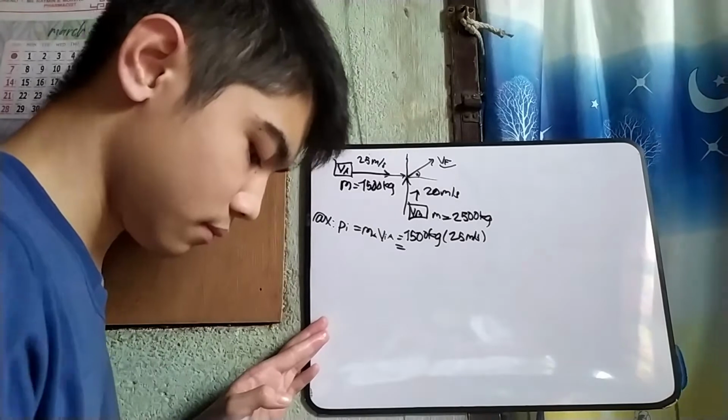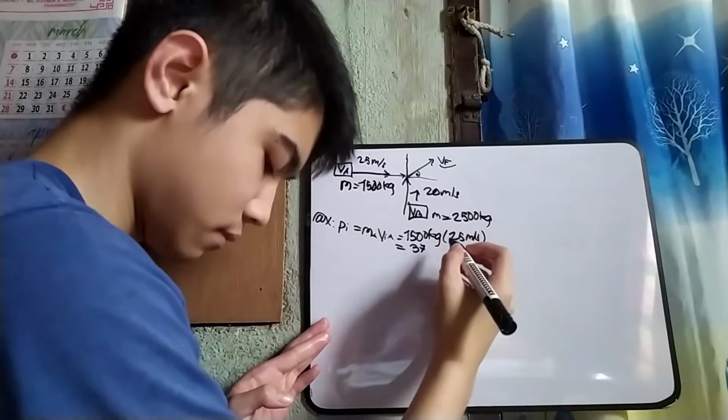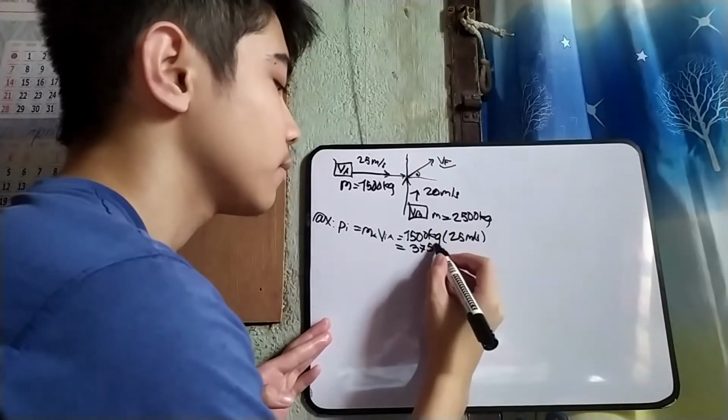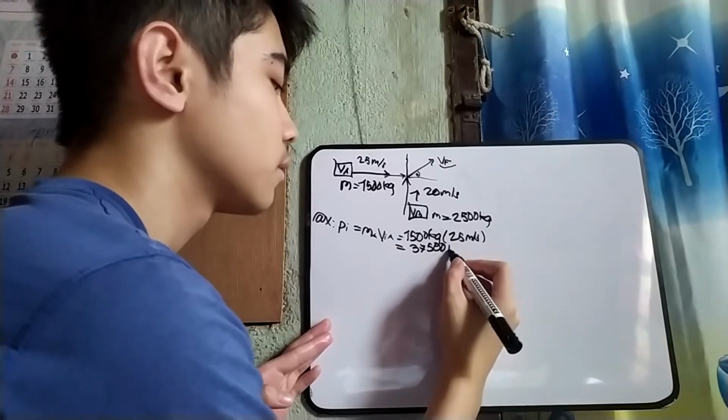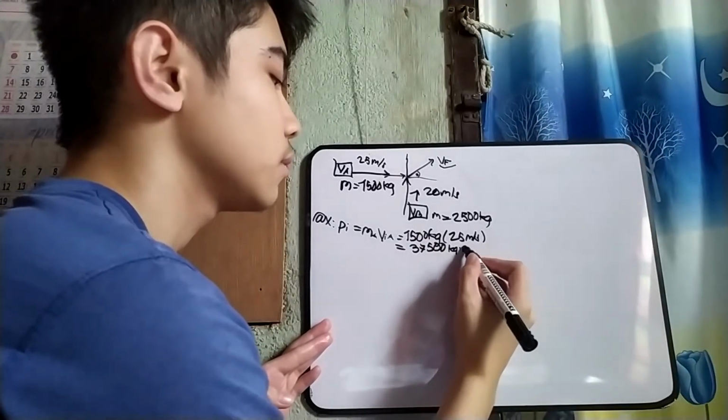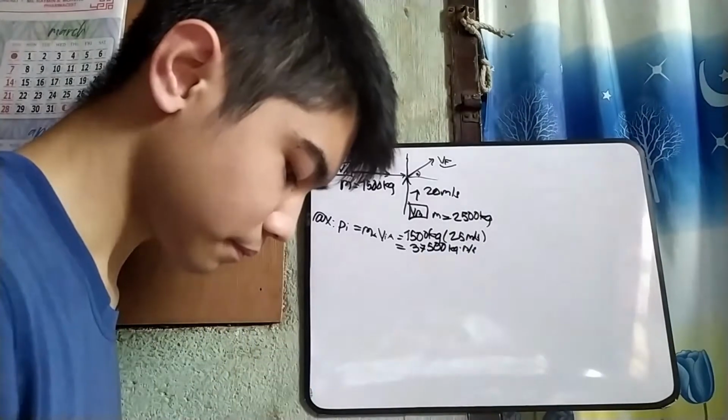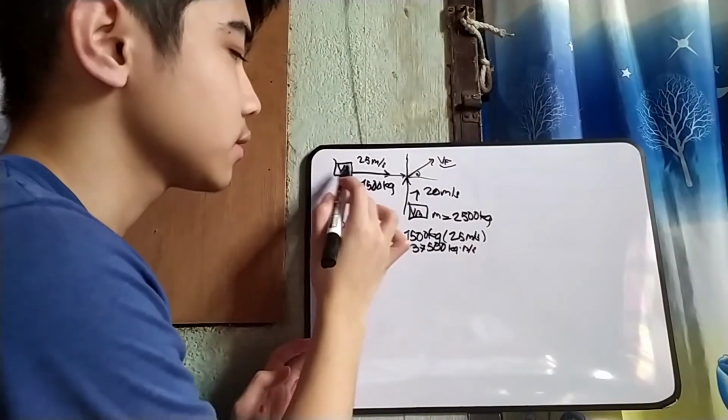The answer is 37,500 kilogram times meter per second. So, this is the momentum at x.